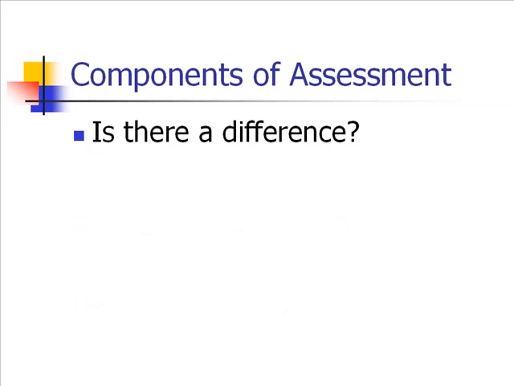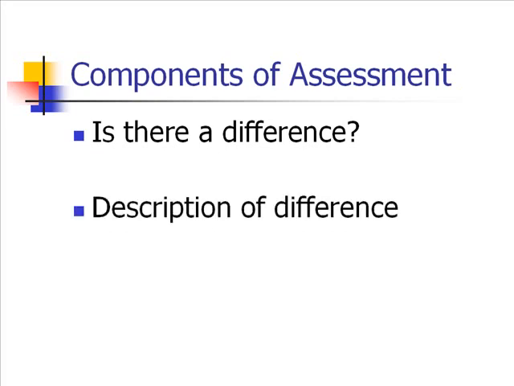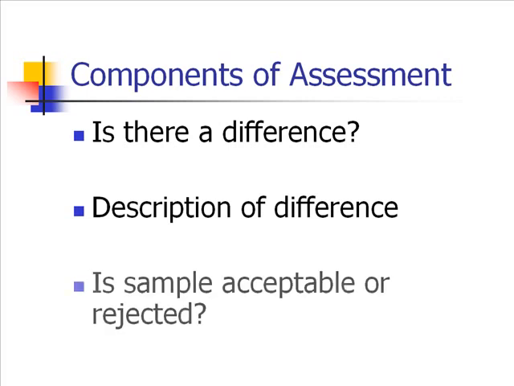Sometimes words are good enough. Sometimes they're not precise enough, so we need the numbers. And then finally, the ultimate question is, if you're in an industry setting, is the sample acceptable or rejected? We could have a sample and a standard that we can say, yes, there's a difference, but the difference is small enough that it's still an acceptable match.